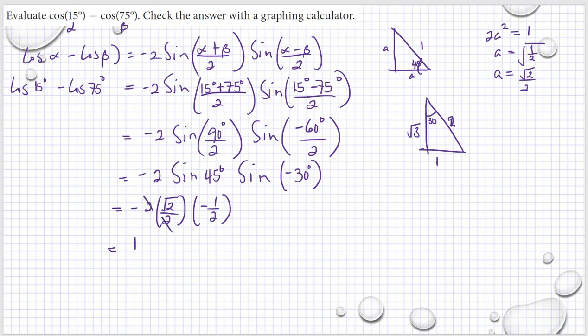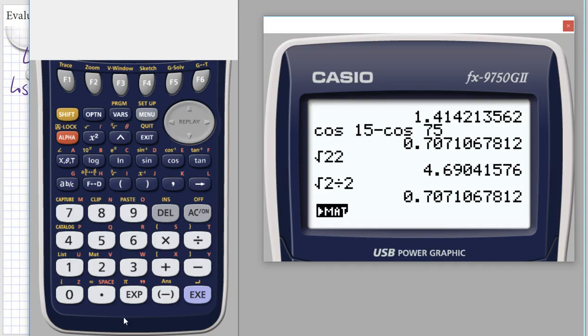Then we have square root of 2 over 2. It says there to check the answer with a graphing calculator. If you want to do that, then do it. I did it and it's correct. Cosine 15 degrees minus cosine 75 degrees is the same as square root of 2 divided by 2.